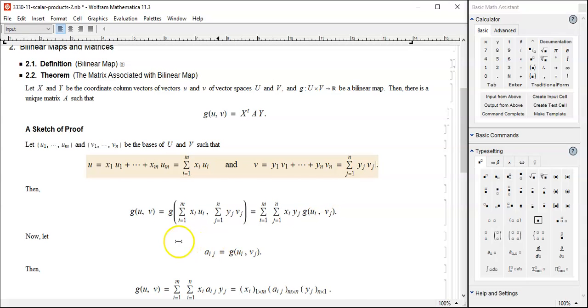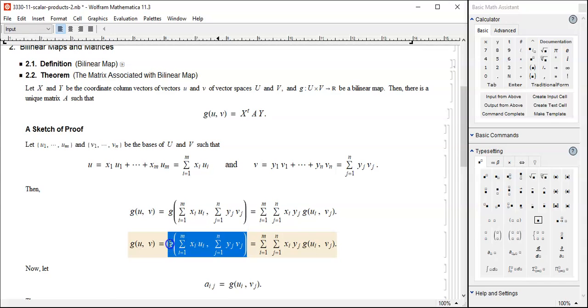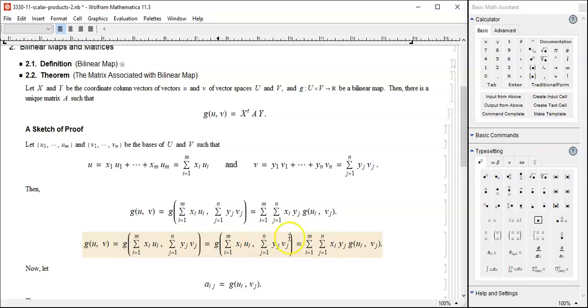Okay, then g of u comma v can be written as g of this linear combination, comma, that linear combination. And then what can you do here? I skipped a step here, so maybe I'll just insert that step. I just reproduce the same thing here.